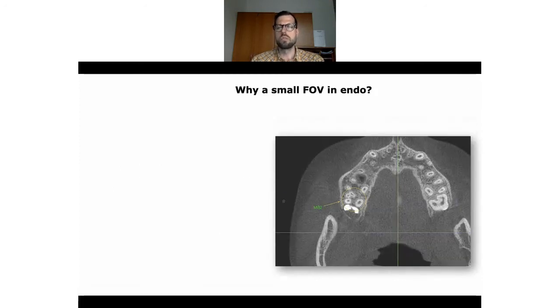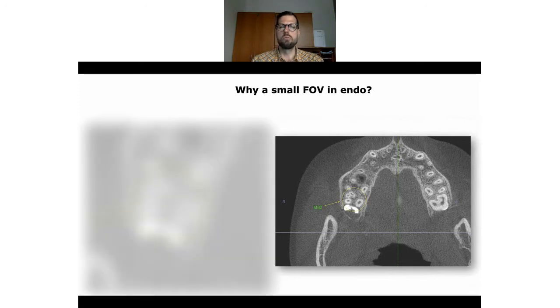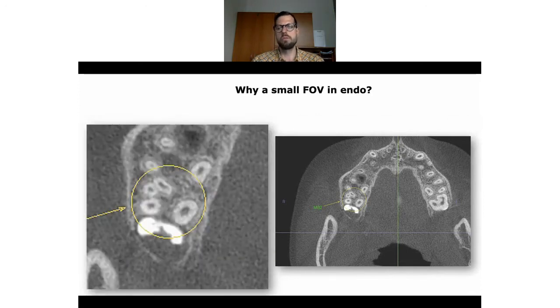So why choose a small field of view in Endo? For example, here you have the image on the right, where you have a big field of view. You see the whole arch, and when I cut and make the image bigger, you see that we are losing the resolution. So we don't see the image as sharp as we would.